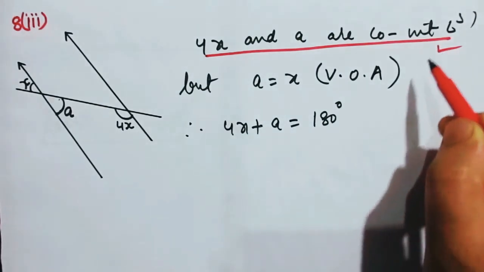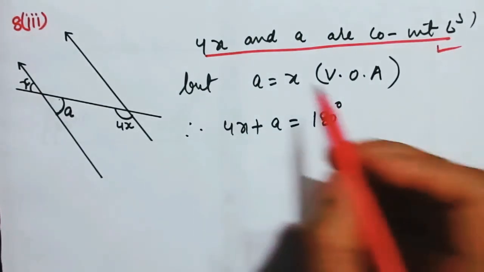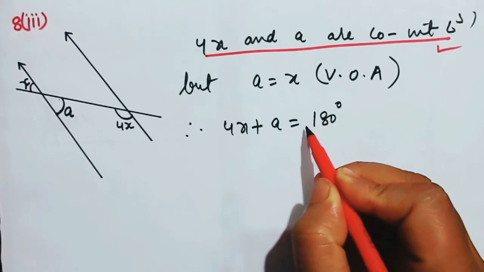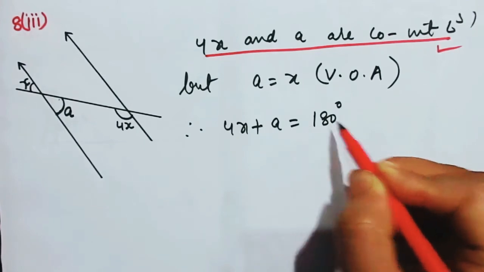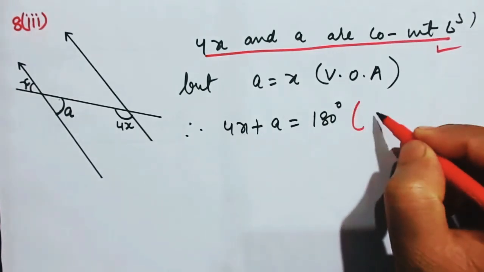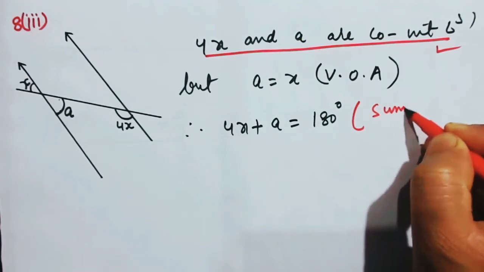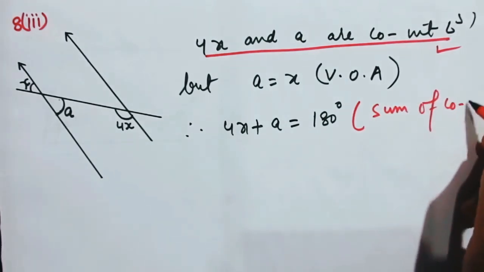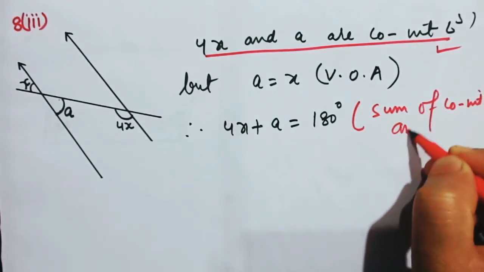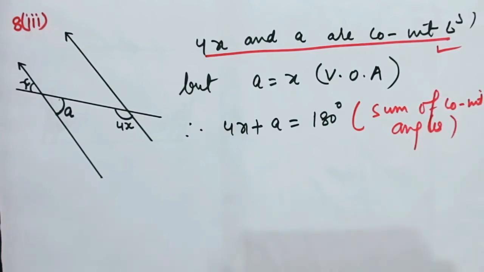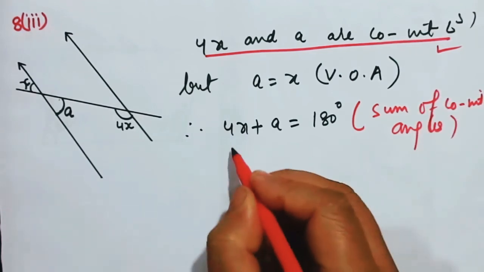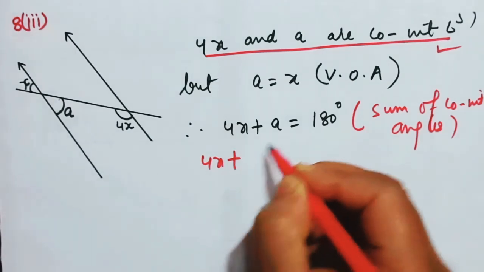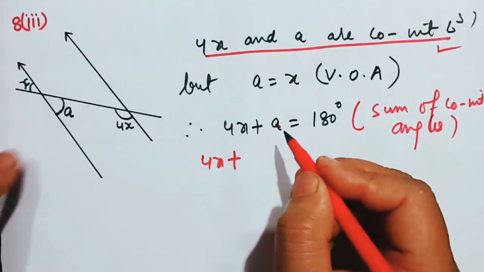And what do we do with the co-interior angles? We add them and make them equal to 180 degree. Why? Because of the sum of co-interior angles. So 4x plus, what is the value of A? A is x.